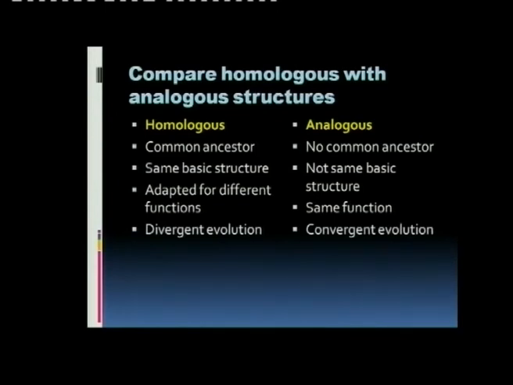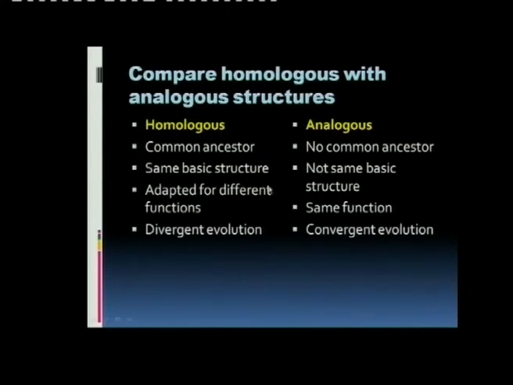Homologous structures were adapted for different functions, as we have pointed out. The bat flies, the bird flies, but a whale swims, and we can do very complex things, whereas all the wings are meant to fly, and the flippers and the fins are made to swim with.